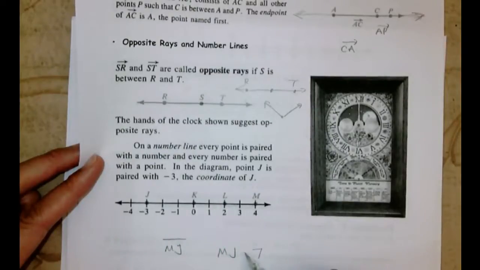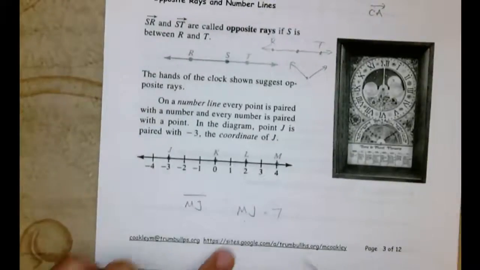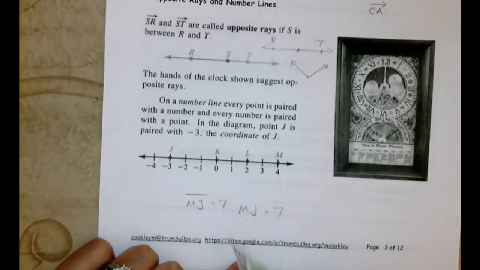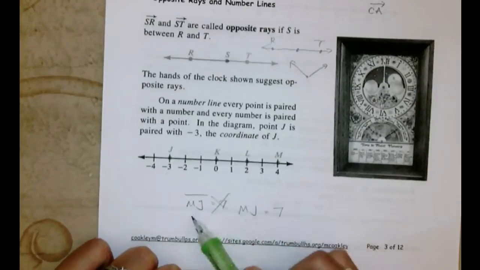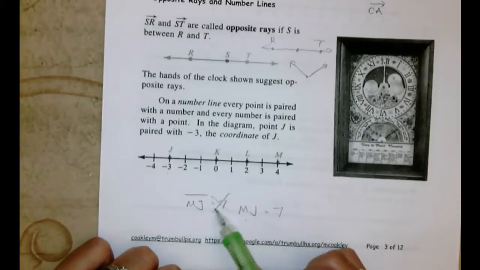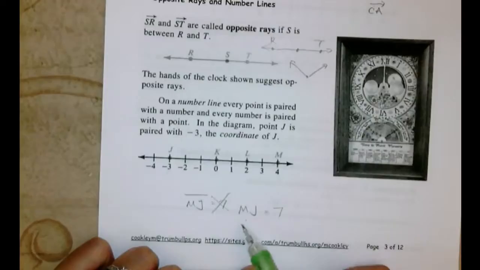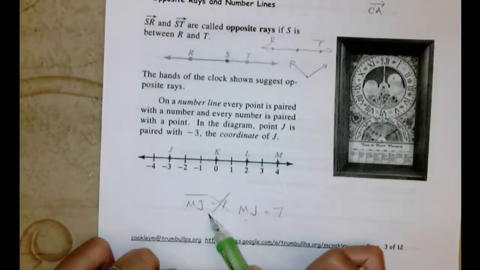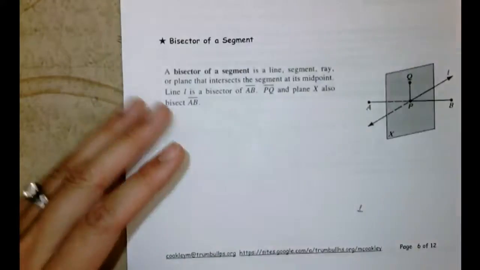It's a 7. Okay, so you can use equal here because this is a numerical value. It's the distance between M and J. You cannot do this, because this is not a numerical value. This does not equal 7. Okay, MJ equals 7. This is more like a figure. It's not a numerical value.